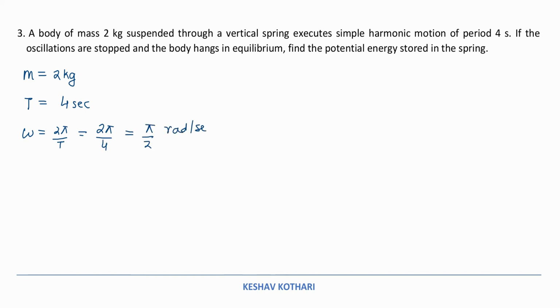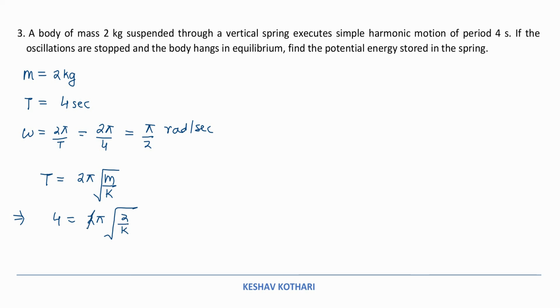If I equate the time period formulation with 2 pi root over m by k, from here we can also calculate the value of k. The time period can be written as 4, which is equal to 2 pi root over 2 by k.